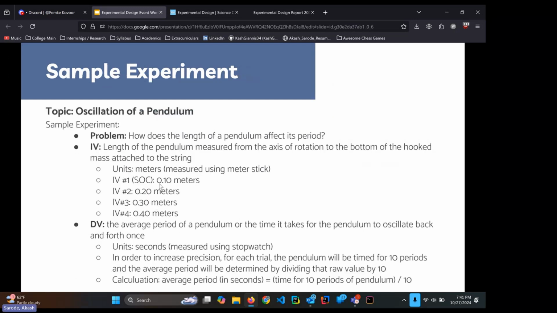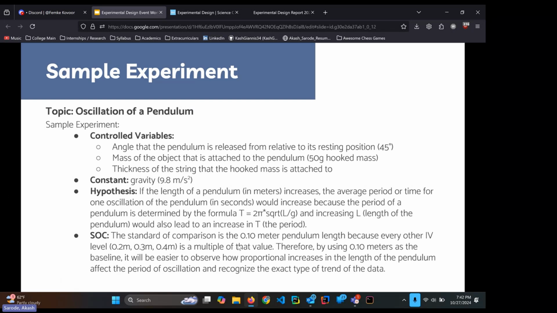our four IV levels are 0.1 meter, 0.2 meters, 0.3 meters, and 0.4 meters for the length of the pendulum. So our standard of comparison would have to be one of these IV levels. And I chose the length 0.1 meters because every other IV level, 0.2, 0.3, 0.4, is a multiple of that value. So you can multiply 0.1 by 2, 3, and 4 to get these other IV levels.